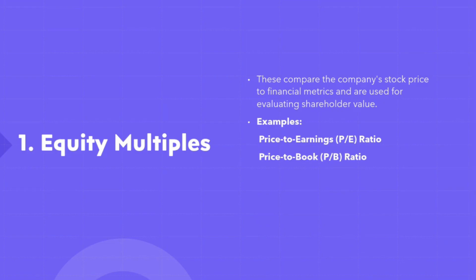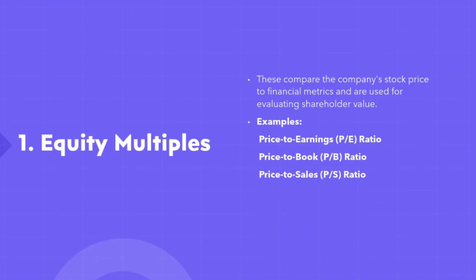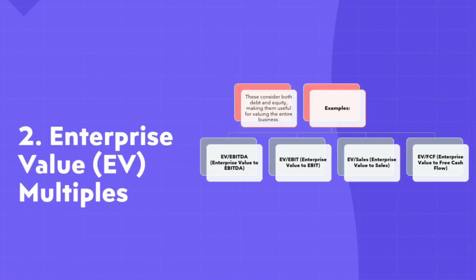Next is the price to book ratio, which is the PB ratio. Next is the price to sales ratio, which is the PS ratio. Next, the price to cash flow ratio, which is price to cash flow from operating activities.